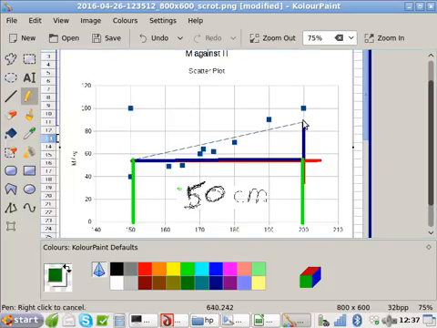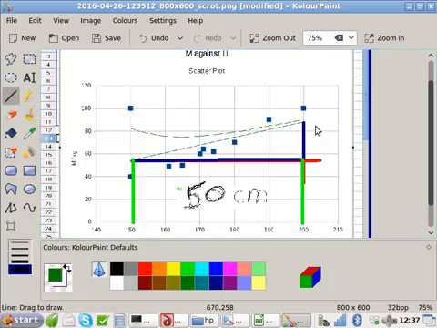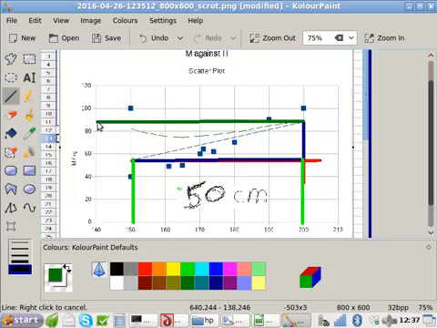Alright. Now, let's get the height. So it goes from here. What's that now? About 85? 90? Okay. And then the height starts from 55. So 90 to 55, was it? So what's that? 35?